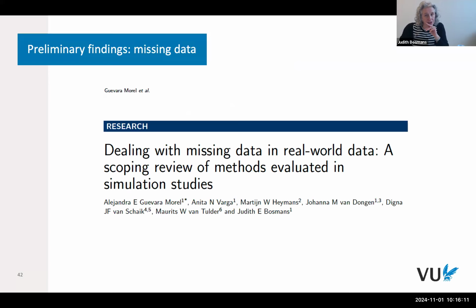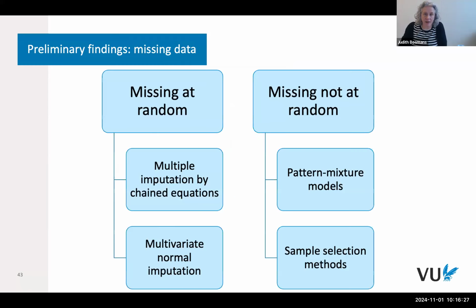Then the second PhD, who submits her thesis to the committee, hopefully early next week, who is actually from Honduras, so pretty close to Brazil. She looked at missing data in real-world data. So depending on whether you have data that's missing at random or missing not at random, you have to use different methods.